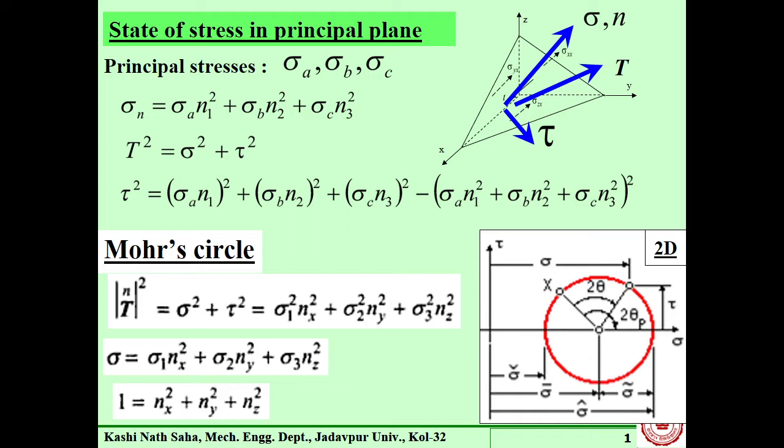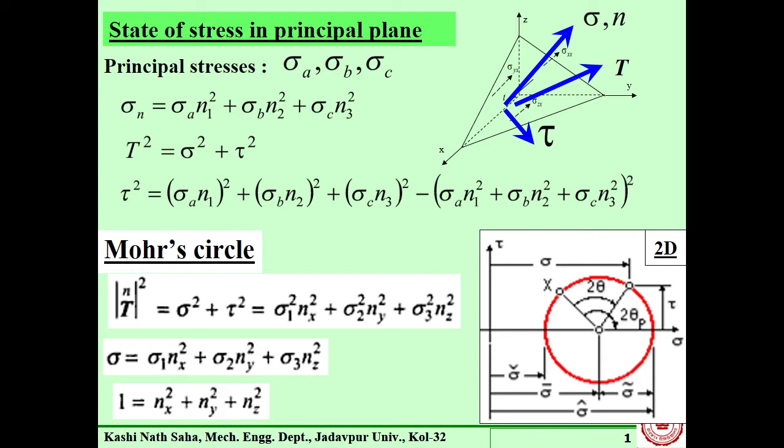But now you see that the outer normal is given by direction cosines nx, ny and nz, and they have a relationship between them. So that is nx square, ny square and nz square, their summation is 1. So you see, in these three equations, what are the conditions we are using?